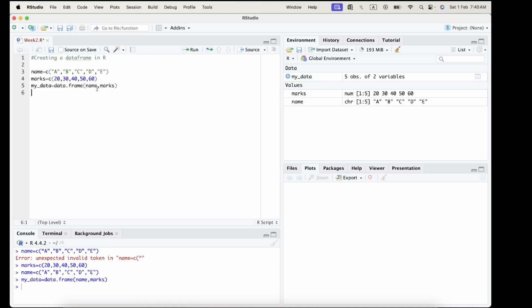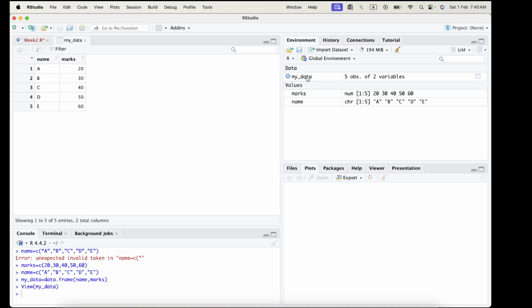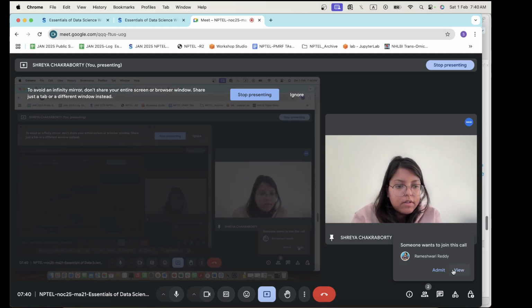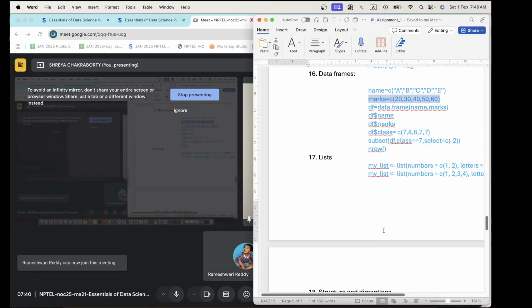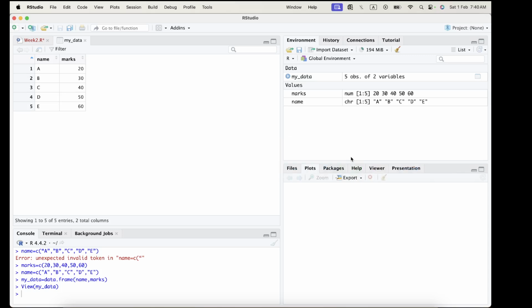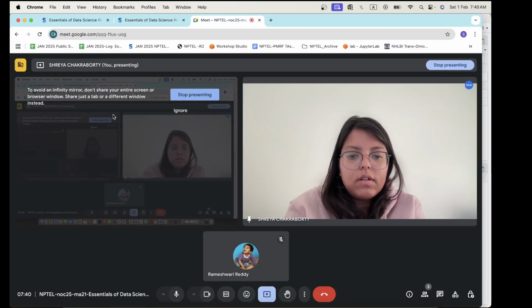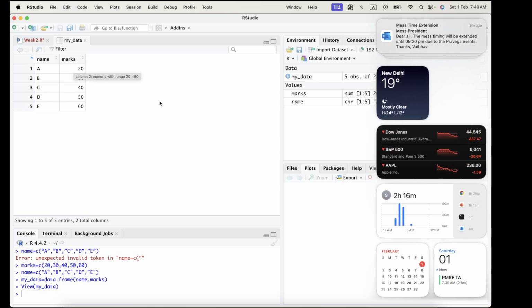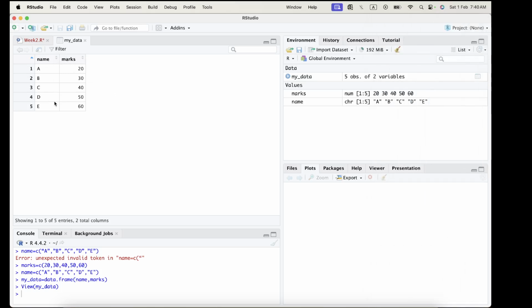Once I do that, you can see here I have my data, which is a data frame with 5 observations on 2 variables.